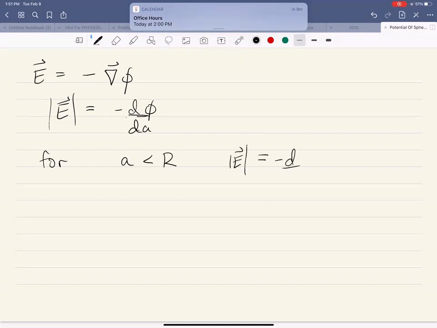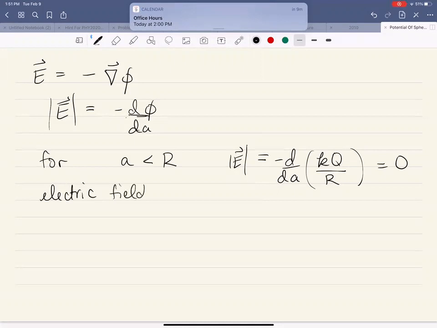Okay, so now for A less than R, the magnitude of E would be equal to minus d/dA of KQ over big R, which is equal to 0. So the electric field inside the sphere is 0. Now we could have told you that from Gauss's law, right?